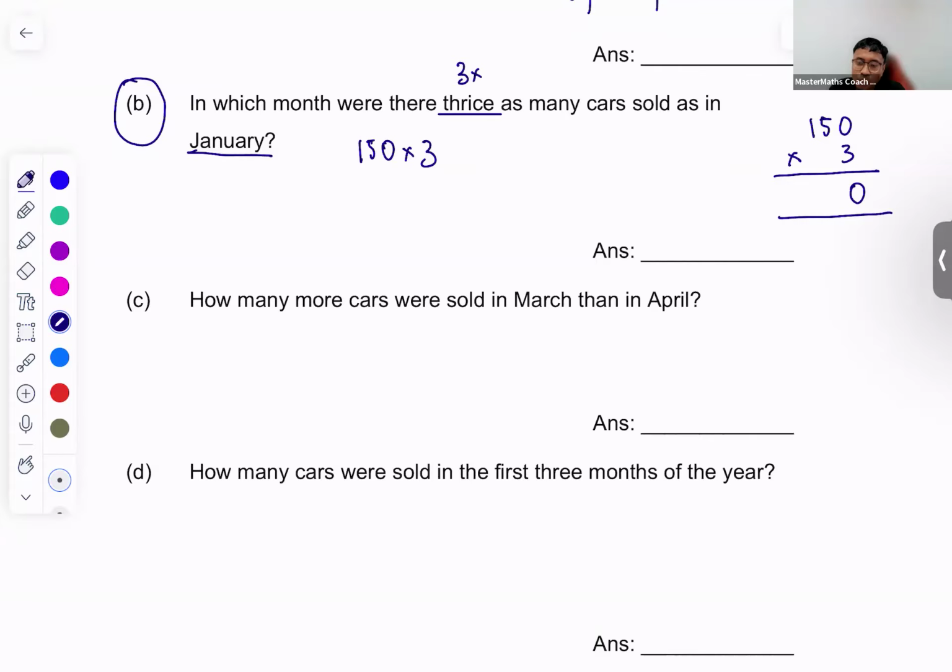Okay? So like when you do a normal addition or subtraction table, you put 5 here. Then we bring the 1 carry forward. 1 times 3? 3. But then we have to plus the one that we bring forward. So 3 plus 1 gives us 4. Okay, so 150 times 3 is equals to 450.